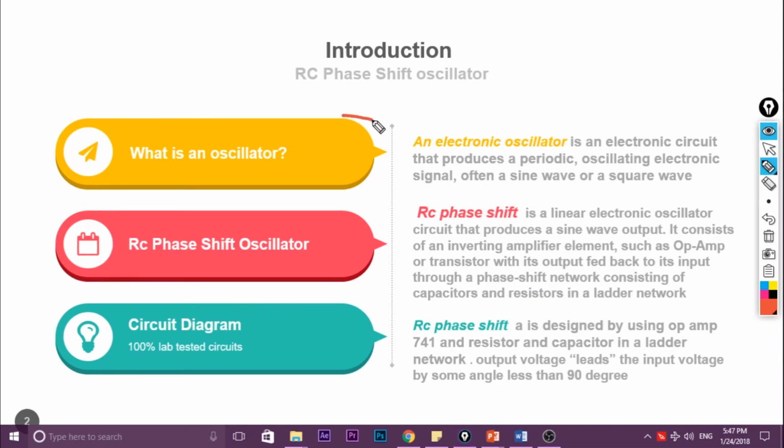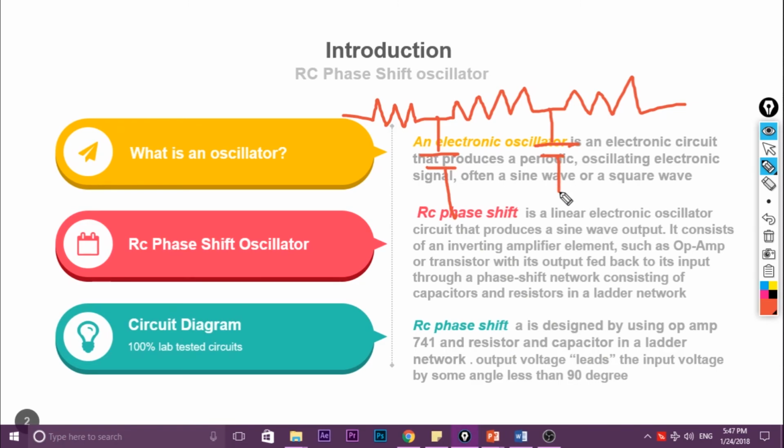A ladder network is something like this. If these are resistors and here it is a capacitor, then this is considered a ladder network. It's not mandatory that it should be like this only. It can be in reverse order also.